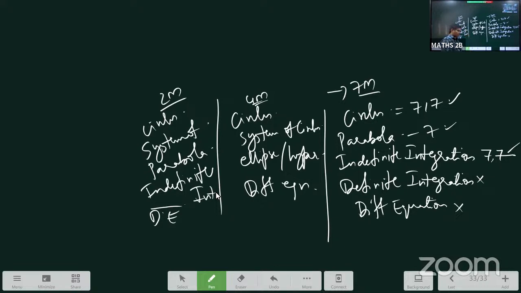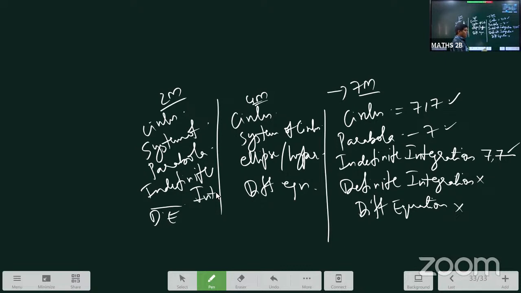And those who are improvement also concentrate on these things. And those who are trying for 75 and all this stuff, you have to do the whole textbook very thoroughly. So from our side, these are the things what we were asked to do. So maximum we are trying to do everything, right? So this is about your 2B.